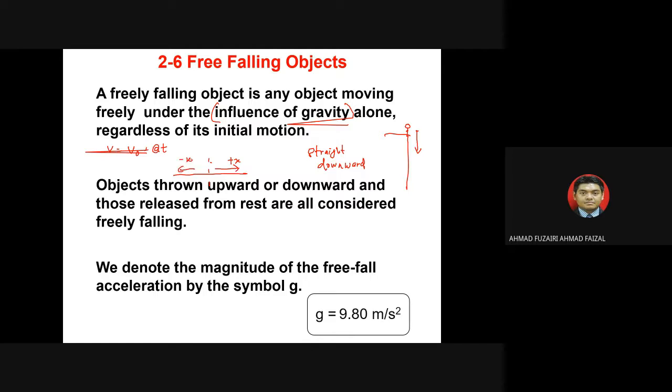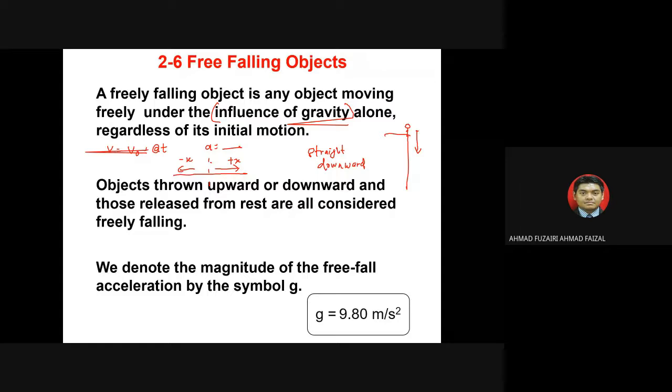But this one, the acceleration was already given to you. In terms of free falling, the acceleration of the object depends mostly on gravity, meaning that the full name of gravity is the gravitational acceleration. Gravity is an acceleration, but in y.